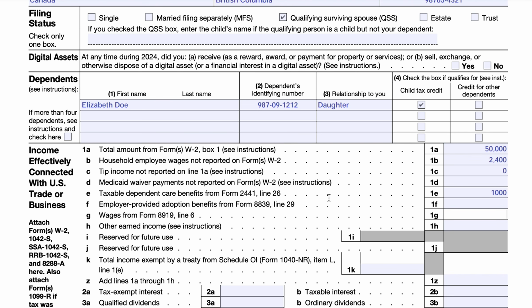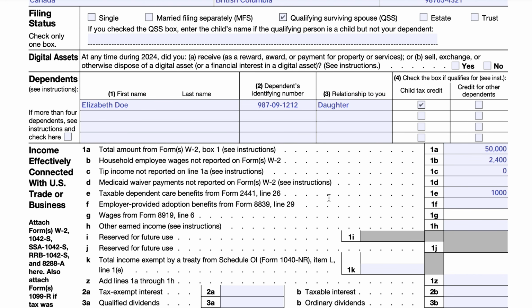Line 1H includes other earned income. So there are a lot of different sources of other earned income. I'll briefly go through some of the more common ones, but basically, we're talking about other sources of earned income that would not be readily reported here, like on your Form W-2.